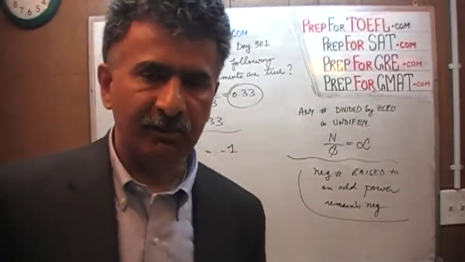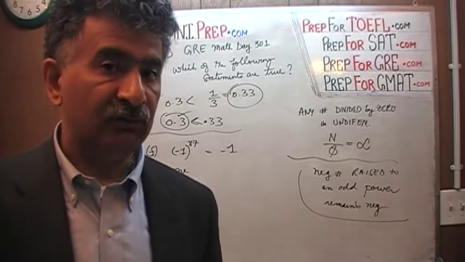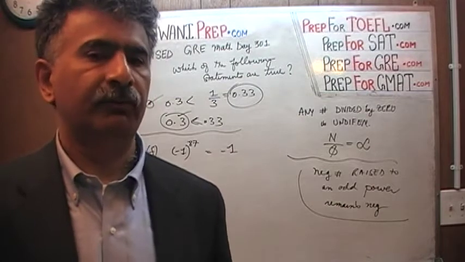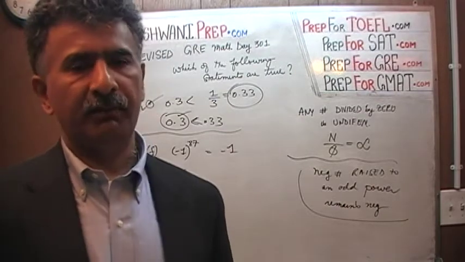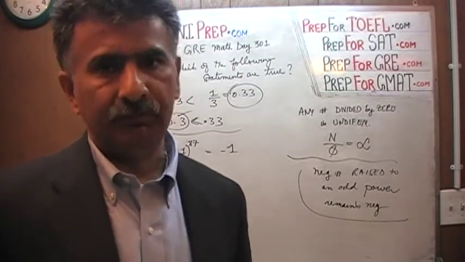Negative 5 raised to the 37th is going to be a very large number, but it's going to be a negative quantity nonetheless. Negative 5 raised to 37 is going to be less than 0.